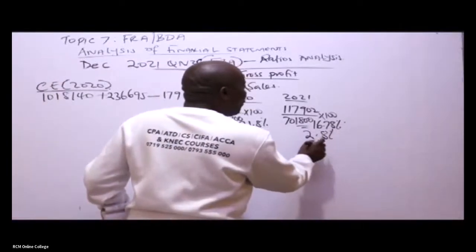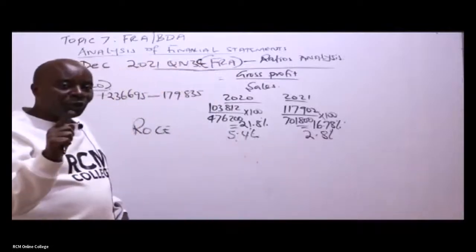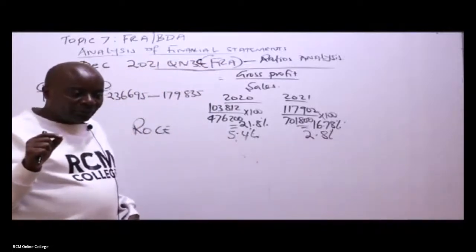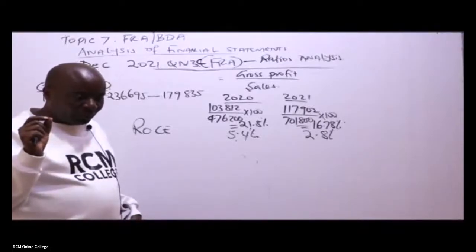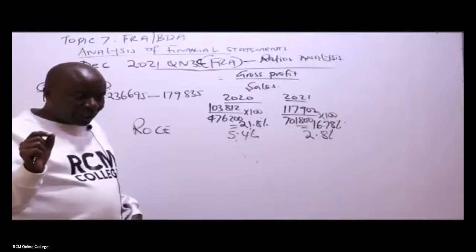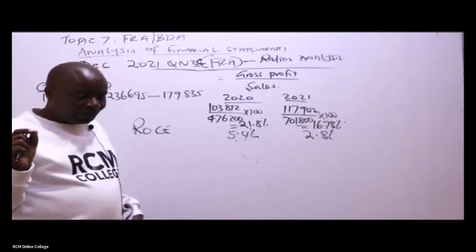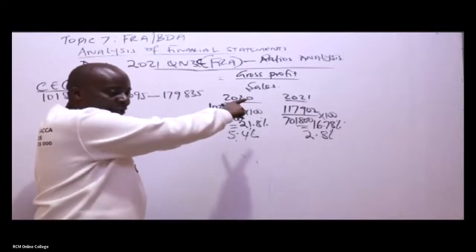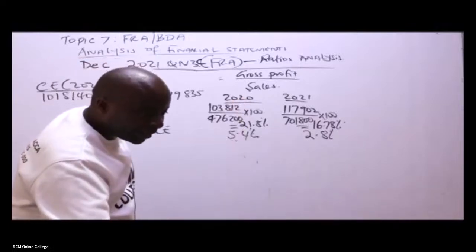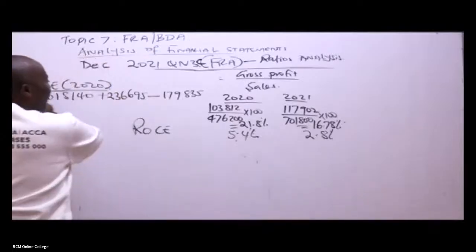Are we comfortable, all of us, with the 2 figures, or would you want Mwalimu to do one of them? Those figures are correct. Good. Felisa says good. Do one. So I do 2021, right? Okay, let me do 2021 pretty fast then.